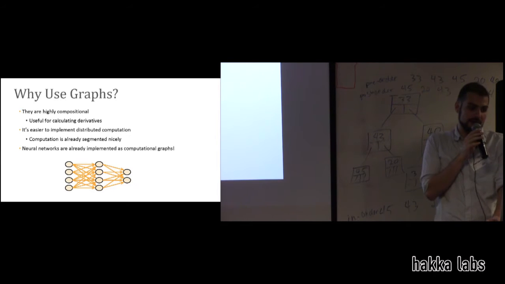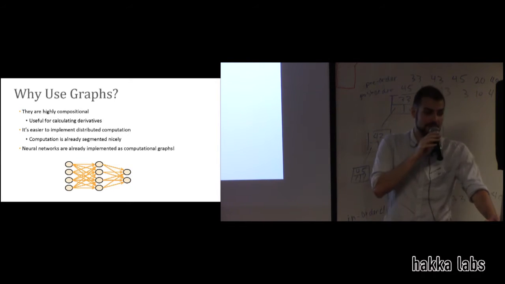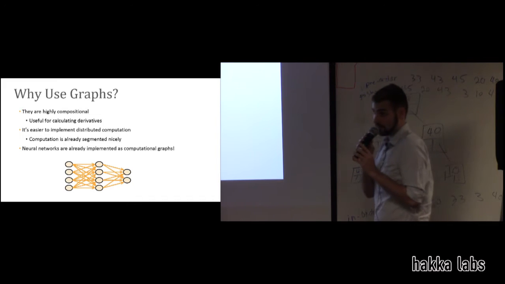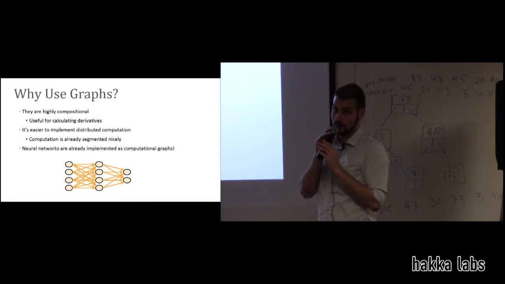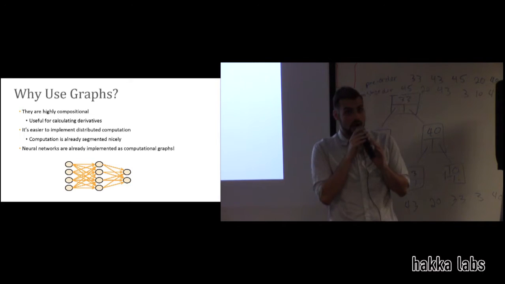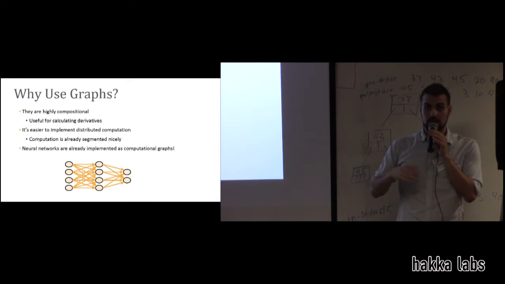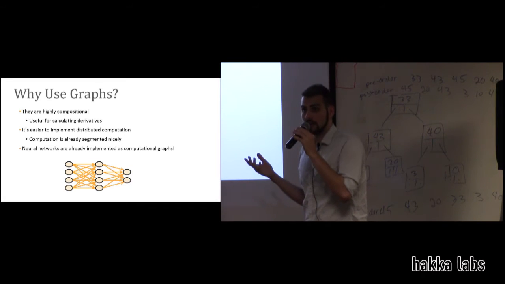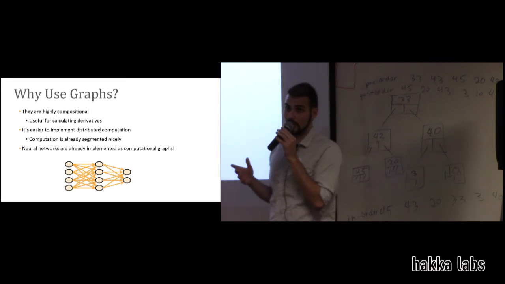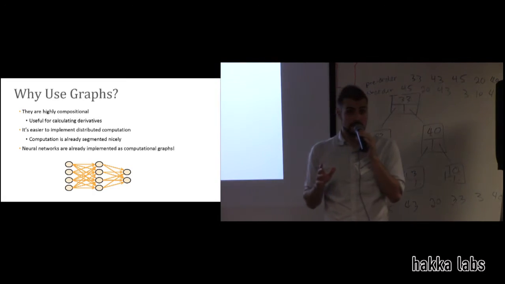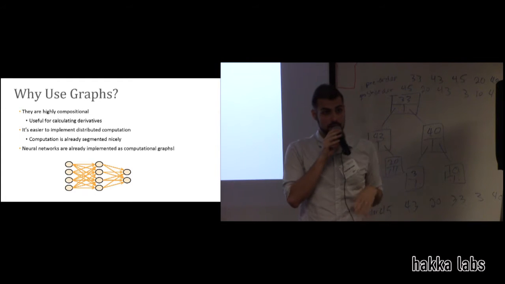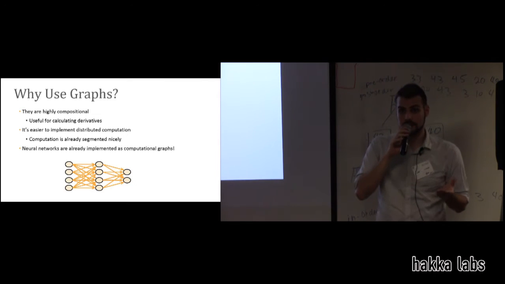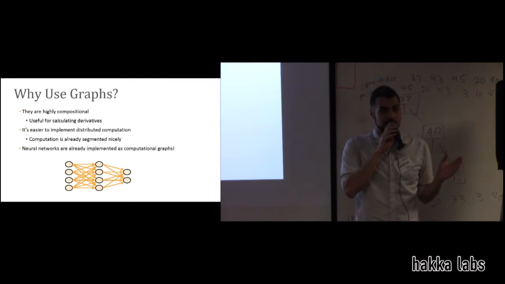So why use graphs? One, they're super highly compositional. That means that they are incredibly flexible for research purposes. So Theano, Torch, a lot of these other machine learning libraries are useful because it allows researchers to put together these very fluid and flexible models without having to worry about whether or not their library can support it, right?